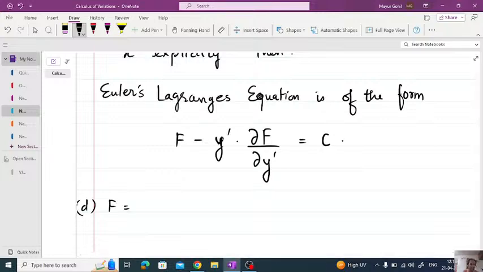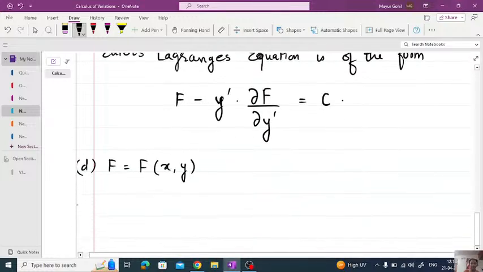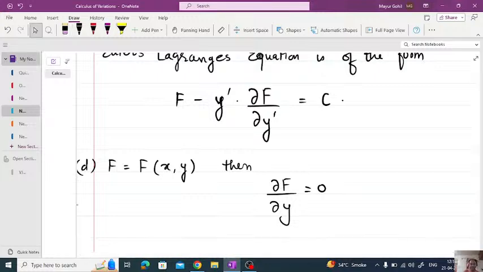Now f is of the form f of x comma y. If this is what happens, then del f by del y is equal to 0. This is one thing. And the last format we have is this one.